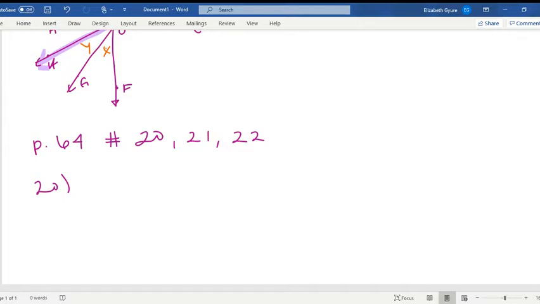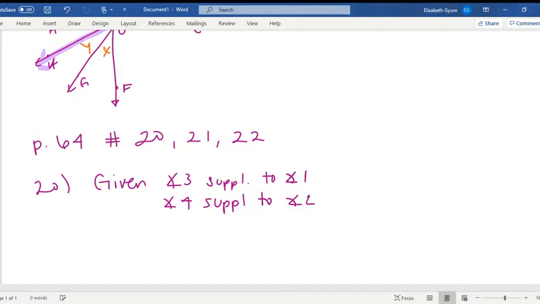So number 20, we are given that angle 3 is supplementary to angle 1, and angle 4 is supplementary to angle 2. We want to prove that angle 3 is congruent to angle 4.